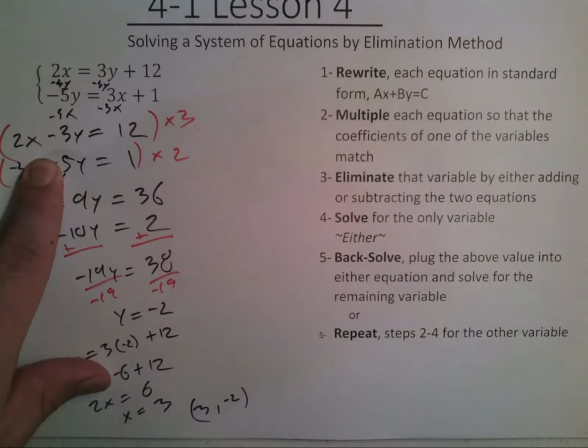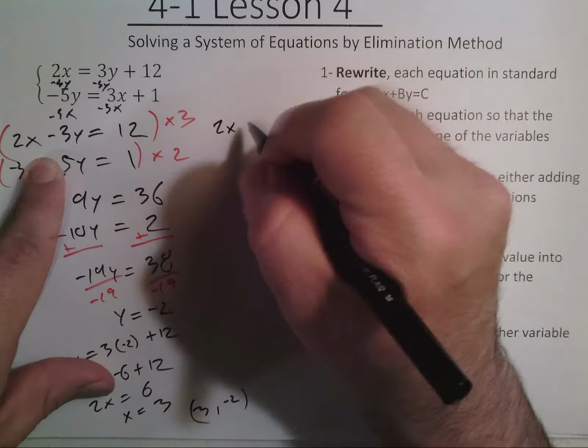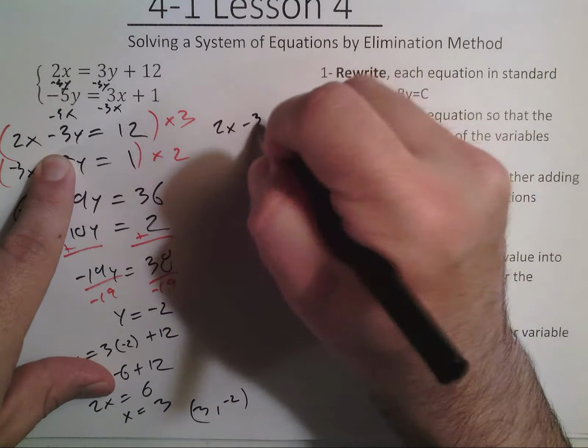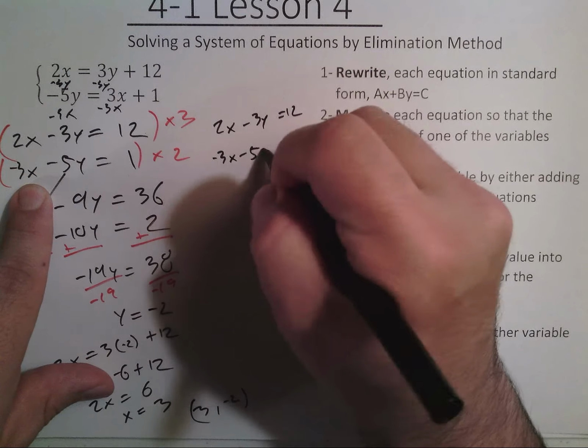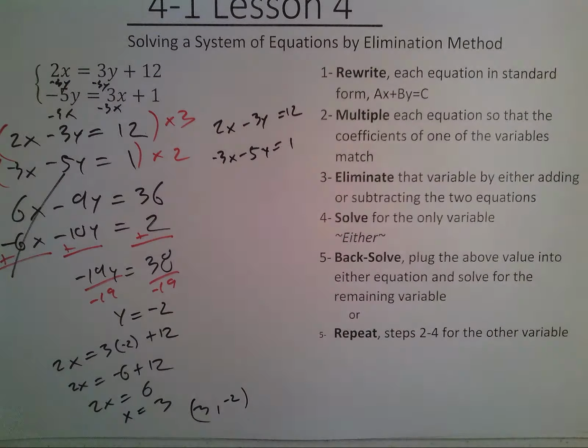Now what I could have done instead, if I go back to, after my rewrite, 2x minus 3y equals 12, and negative 3x minus 5y equals 1, instead of making the x's match, I could have made the y's match.